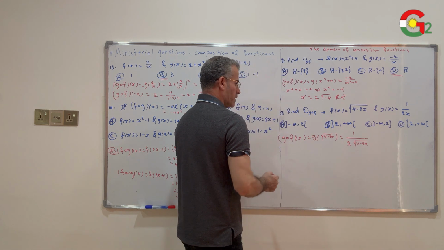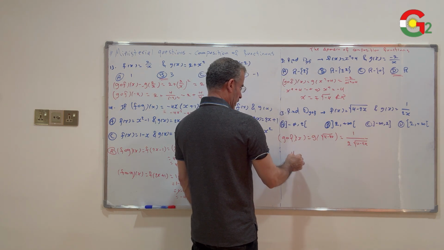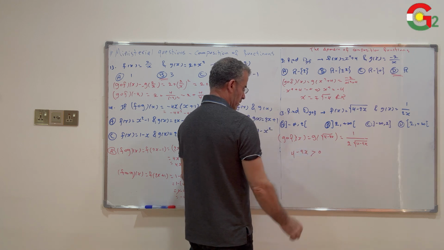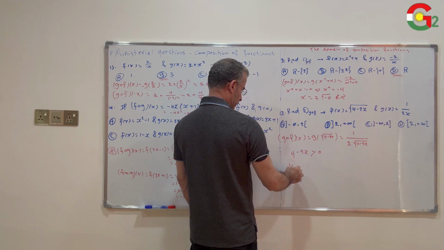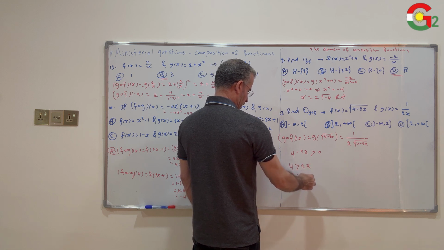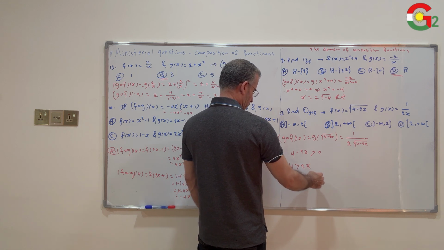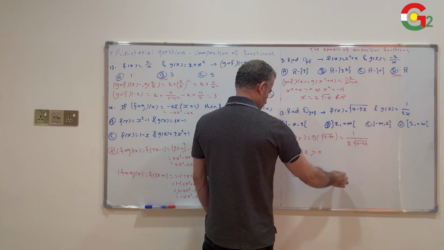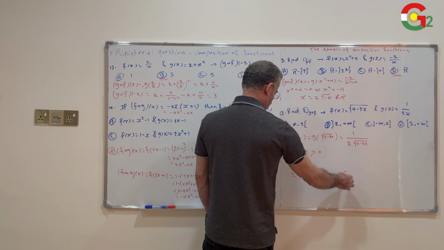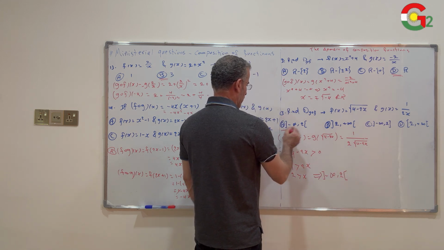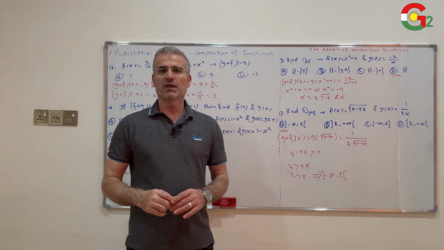Since the square root is in the denominator, I'll set 4 - 2x greater than 0 and solve to find x. 4 > 2x, 2 > x, so x is less than 2. It is negative infinity to 2, an open interval, which is choice A.